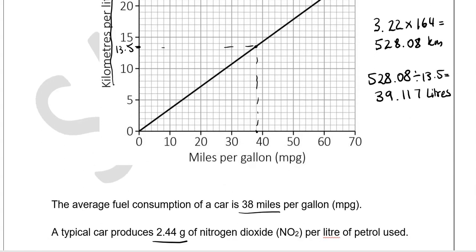Now, finally, let's work out how much nitrogen dioxide that produces. And we've been told that it's 2.44 grams per litre of petrol used.